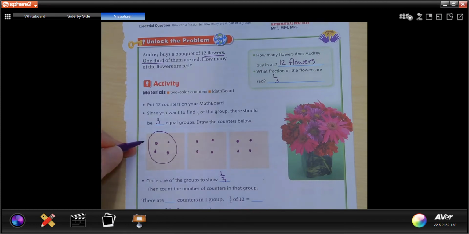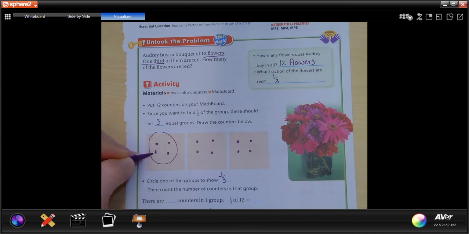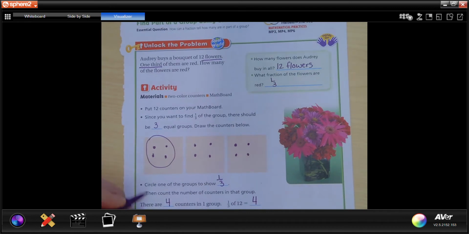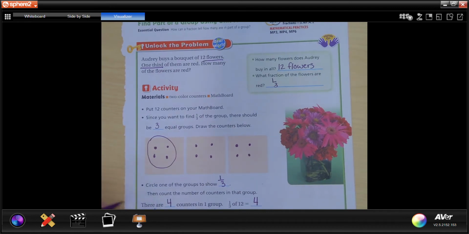How many do we have in this one group? 1, 2, 3, 4. There are 4 counters in one group. 1/3 of 12 equals 4. So we know that 4 of the flowers are red.